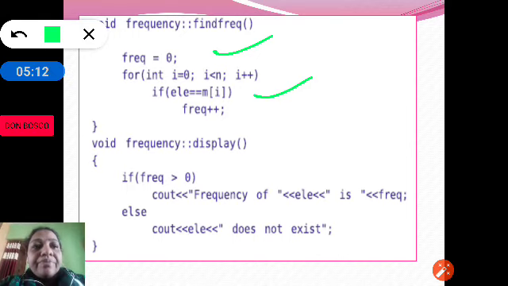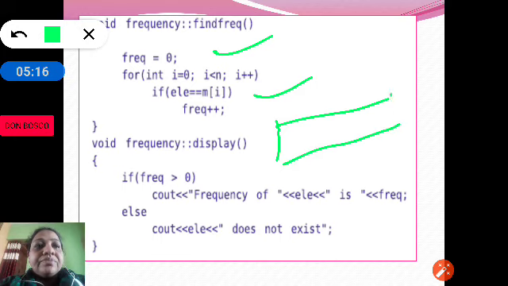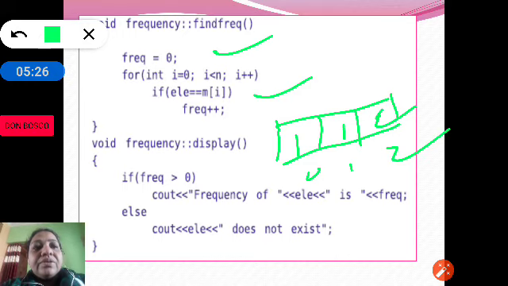So if we have an array with 3 elements, 0, 1 and 2, say 1, 1 and 2. Now we want to find the frequency of 1. We begin with the first element and compare it.